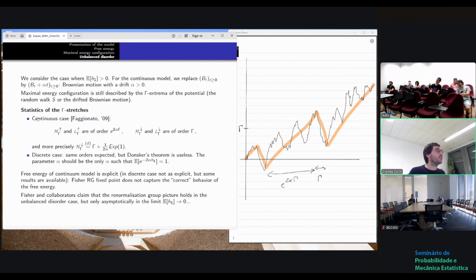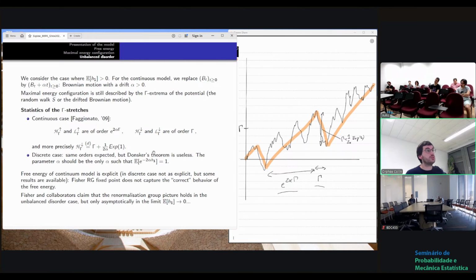So the statistics of the gamma stretches are also known for this drifted case, at least for the continuous case. So for the Brownian motion, we have these things that I claimed here, and the height of the descending stretches are distributed as gamma plus an excess, which is now of order 1. In the discrete case, we don't have exactly these results for now, but we expect them to be true.